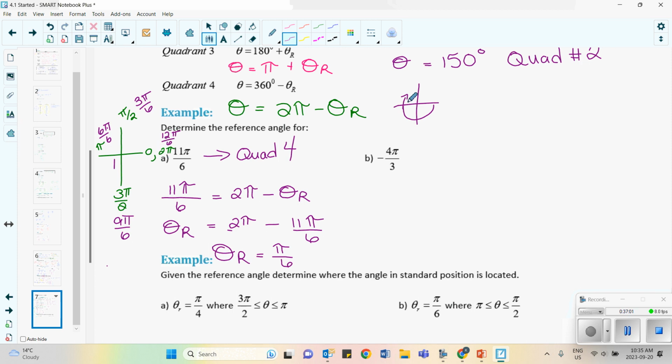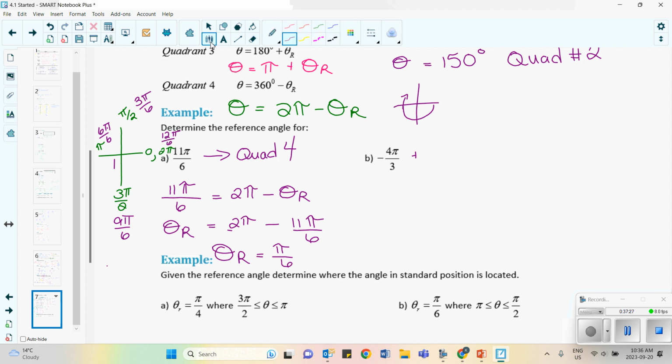So how do we find a positive coterminal angle? We're going to add a full rotation. So what am I adding? I'm going to add 2 pi, right? I'm not going to add 360 just because we're not in degrees. By adding 2 pi, I'm going to put that in common denominators.